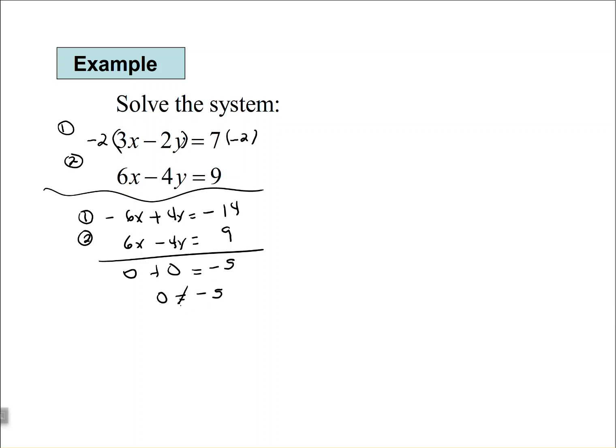And if the statement that is remaining is false, then that means we don't have any solutions for the system. Which also means if I were to graph those two lines, they would be parallel and they would never intersect. So no solution if both the variables eliminate each other, and the statement that is remaining is not true.